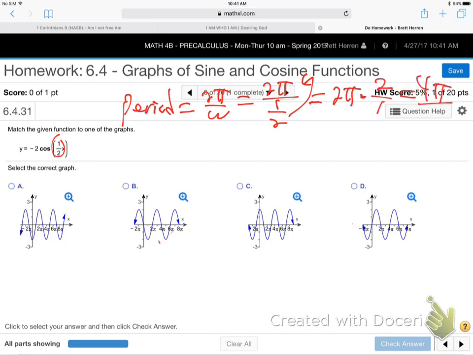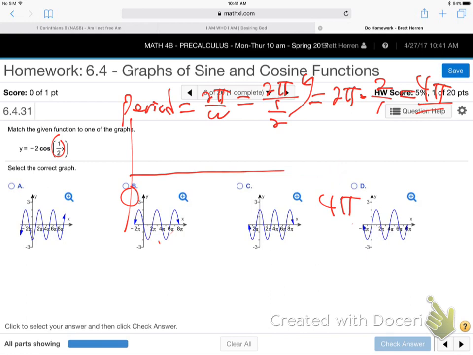We good? So 4 pi is the period. Now, what does that mean? That means if you go to graph this thing, I wish these things weren't in the way, between 0 and 4 pi, the graph will happen. One cycle. And then it'll repeat another cycle after that.